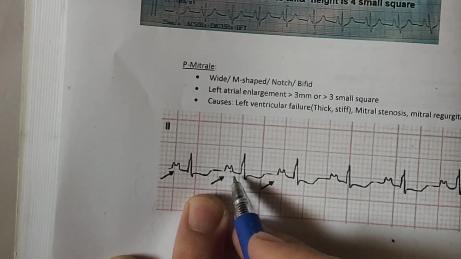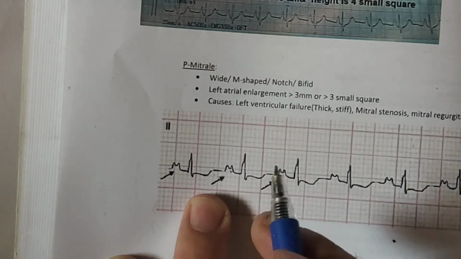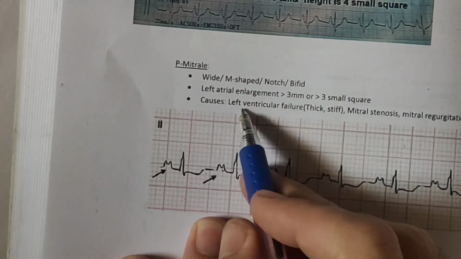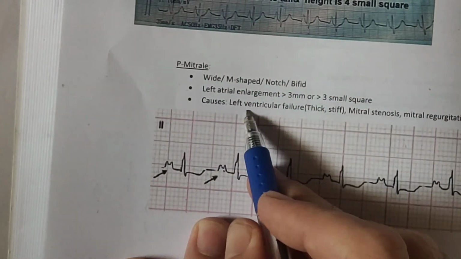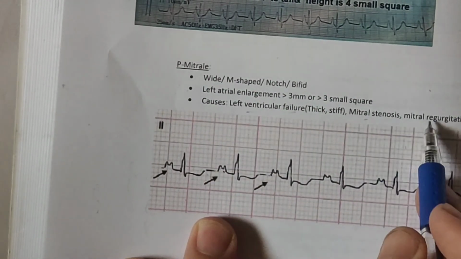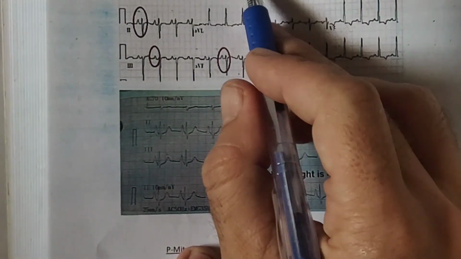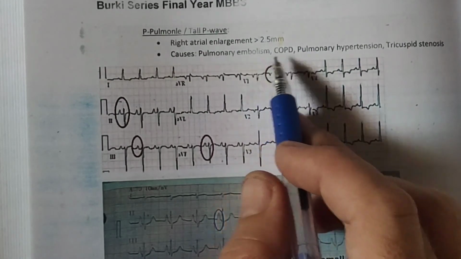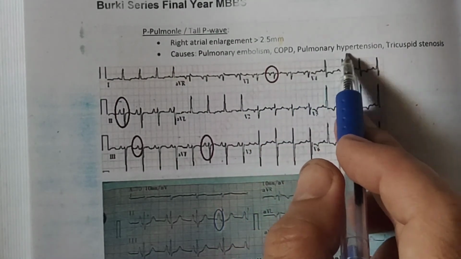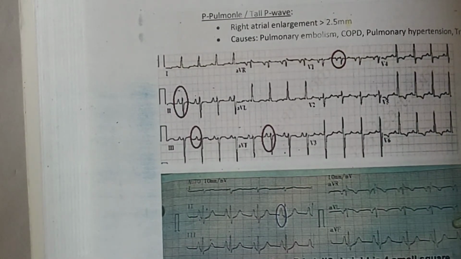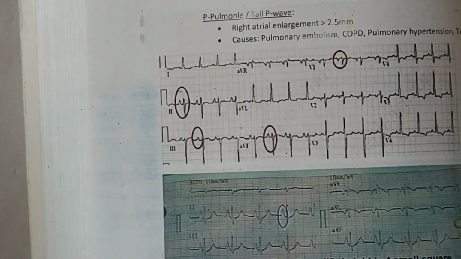This is P-mitral, M shape, notch or bifid. In which cases does P-mitral form? Left ventricular failure, mitral stenosis, mitral regurgitation. When is the tall wave formed? Pulmonary embolism, COPD, pulmonary hypertension and tricuspid stenosis. So this is all about P-wave abnormality.